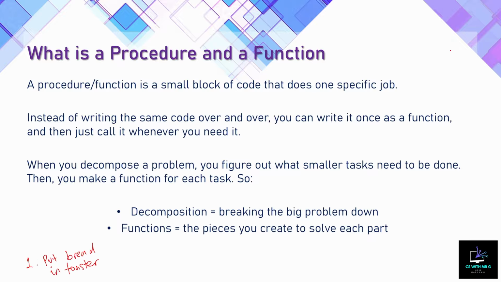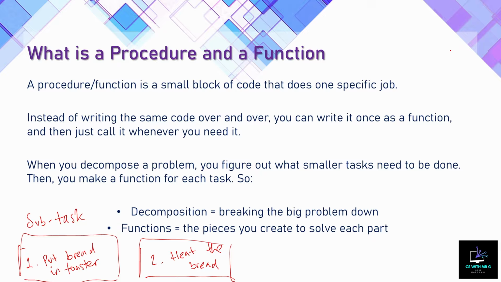So we can class putting bread in the toaster as an individual task, and we're going to call this a subtask, which later on we will create our own function for when it comes to the actual program. The second thing would be to turn the toaster on, so heat the bread. That would be our second subtask. And then finally, we do something like put butter on it. So put butter on toast. And again, we've got our main task of making toast split into three subtasks.